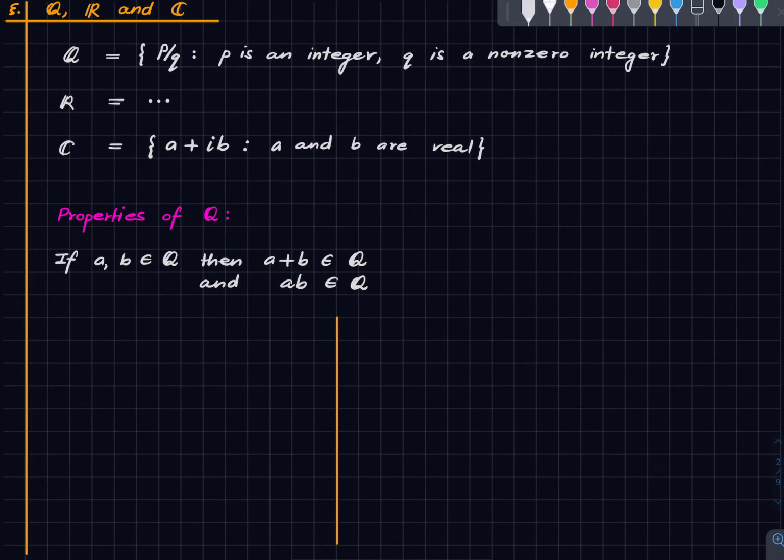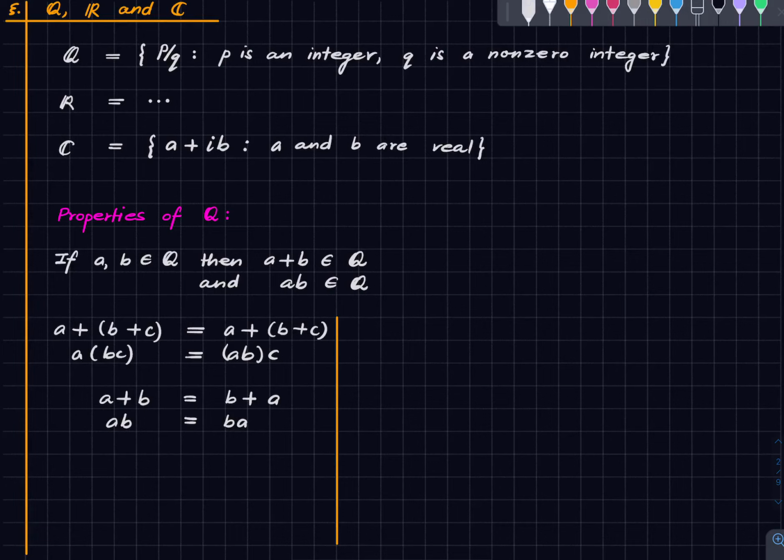And there are further properties. We have the associativity law. This holds whenever a, b, c are rationals, and we similarly have the multiplicative counterpart. We have commutativity for all rational numbers a and b, and the same for multiplication.